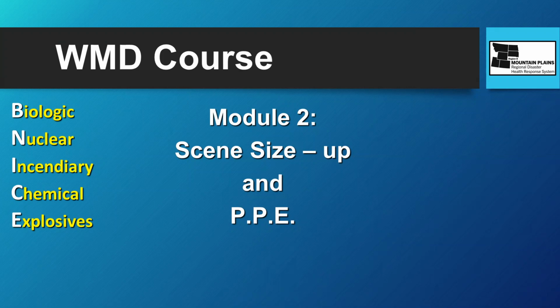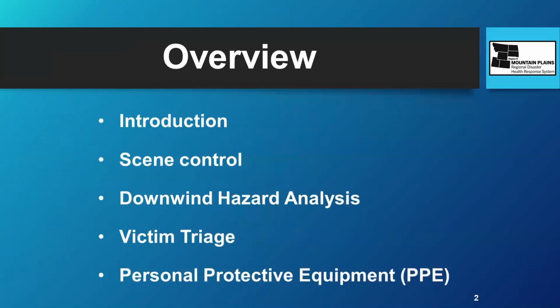This second module is going to deal with scene size up, personal protective equipment at one of these events. We'll talk about scene control. We'll talk about downwind hazard analysis. We'll talk about the process of victim triage and the utilization of appropriate personal protective equipment.